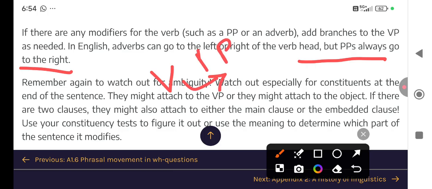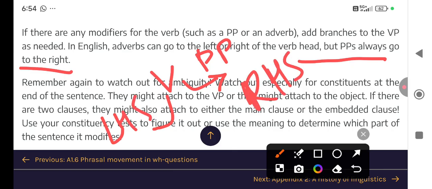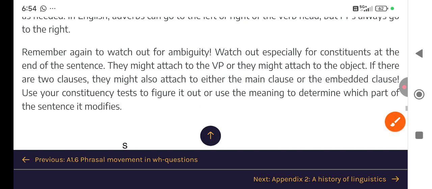Sorry, I'm extremely sorry, this is the left hand side and this is the right hand side. So a prepositional phrase always goes to the right hand side, right? This is very important, please take care.